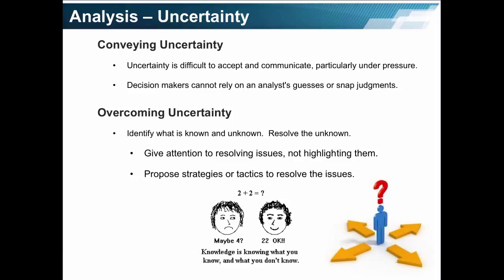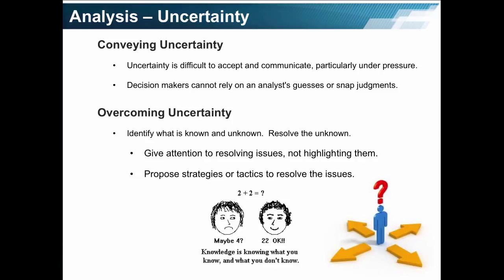What happens with uncertainty? Conveying uncertainty is difficult because it's difficult to communicate, particularly under pressure. And the decision maker cannot rely on the analyst's guesses or snap judgments. Therefore, to overcome uncertainty, the analyst must identify what is known and unknown, and must resolve the unknown.